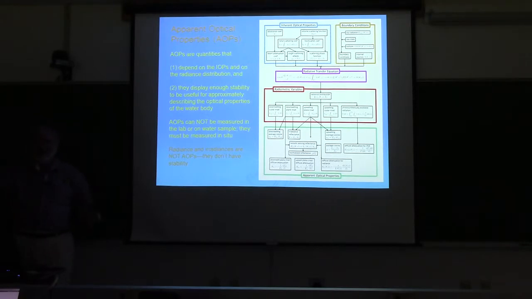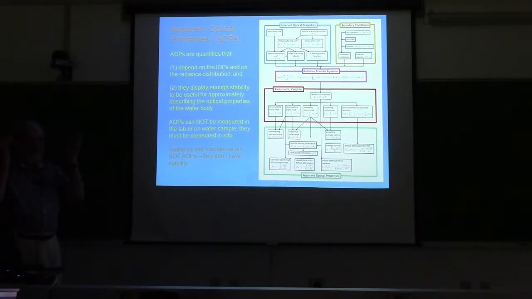So irradiances are very sensitive to things like sun angle and sky conditions. So they don't meet the second half of the definition. And if you don't remember anything else out of today's lecture, remember that radiance and irradiances are not AOPs. They don't have regularity or stability.